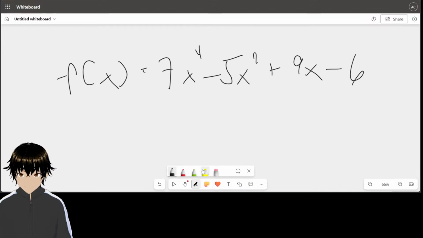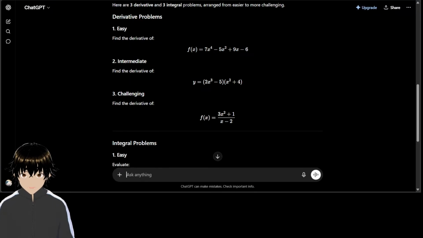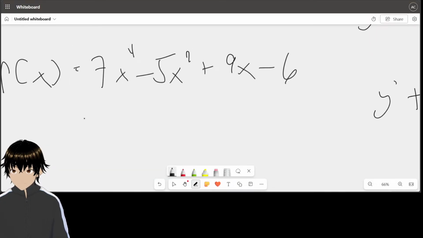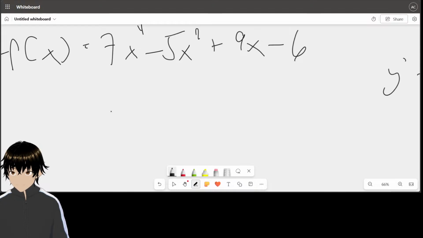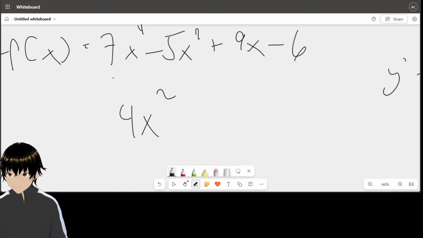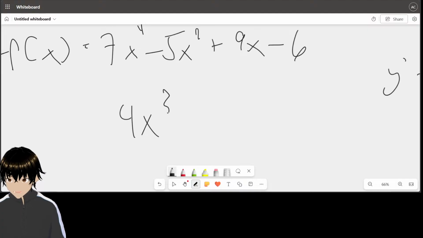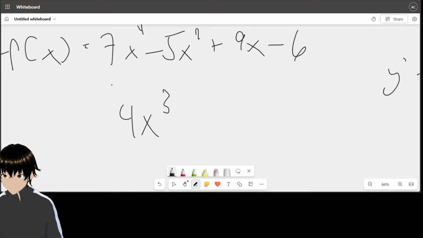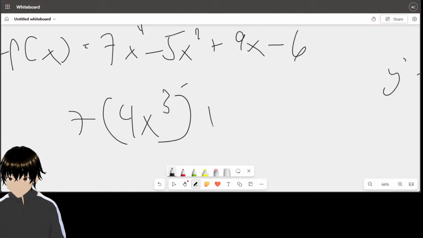So when I make a new video, I'm probably going to tackle differential equations as well. So what is the power rule? I believe the power rule is for x to, for x3, and we got 7 here. Yeah, I'm pretty sure that's how you do it.